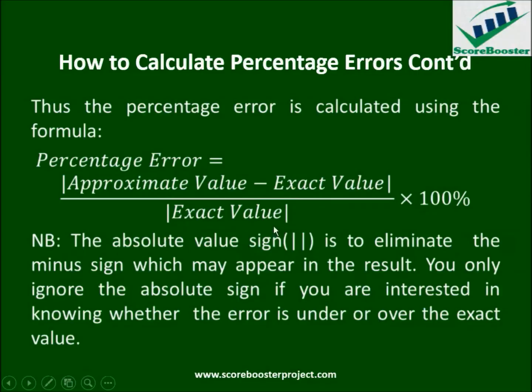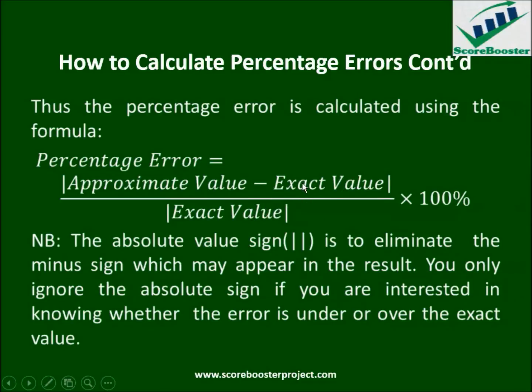By so doing, in the numerator here, if the approximate value is greater than the exact value, the error is an increment. So the value here will be positive, and the percentage error will have a positive value.